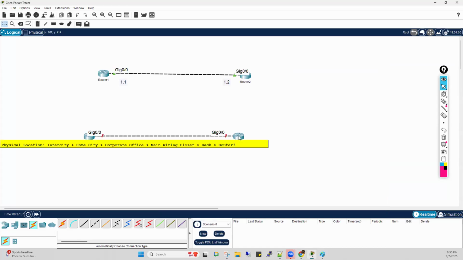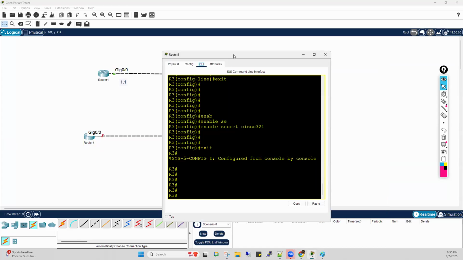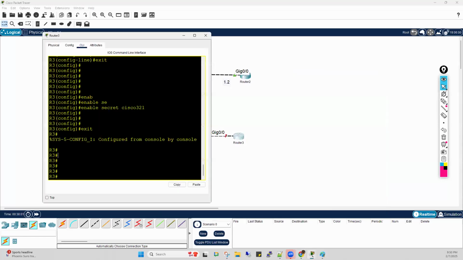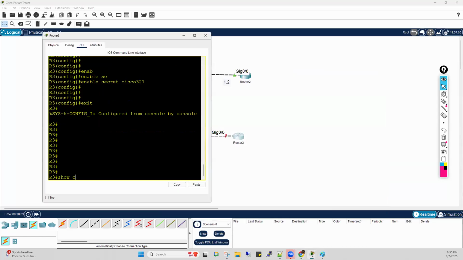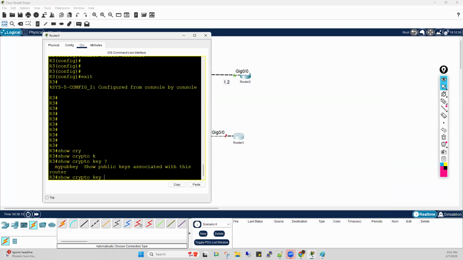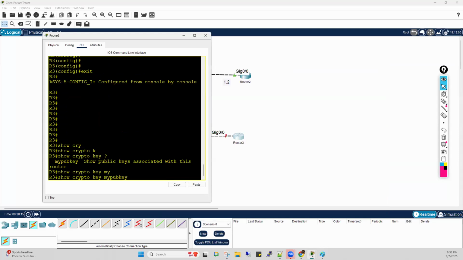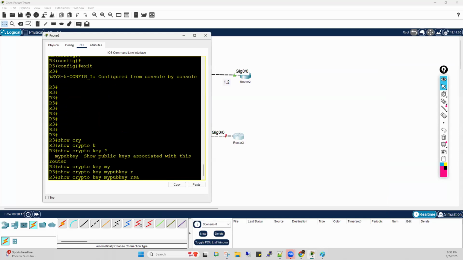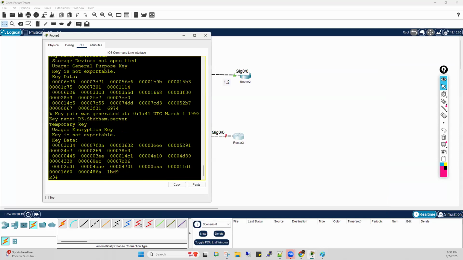Right now, yes. If anyone asks you how you can verify, I am telling you one command: show crypto key, and I press the question mark. Show crypto key mypubkey rsa. See, what is this?